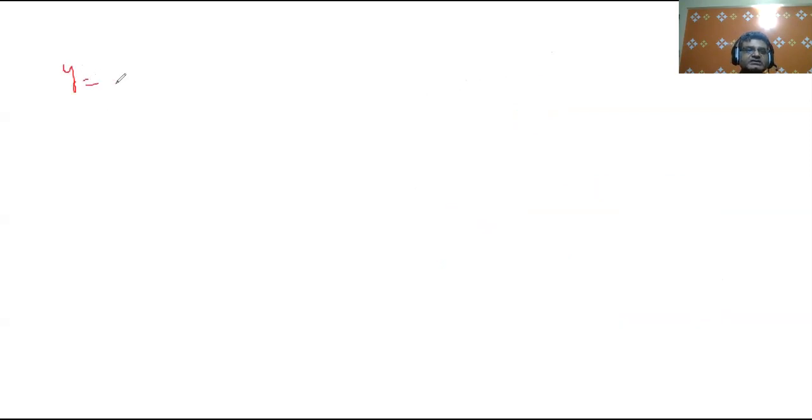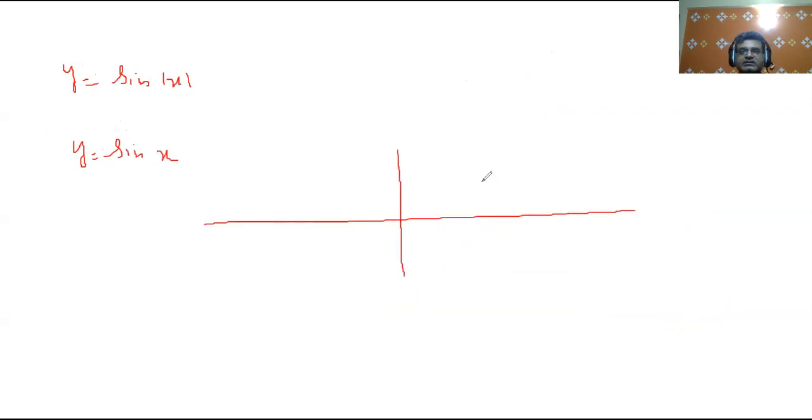What if y is equal to sin modulus of x? What will be the graph of this function? First of all, we try to draw the graph of sin x. So the graph will be this.